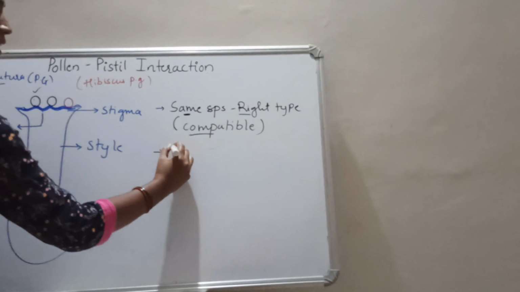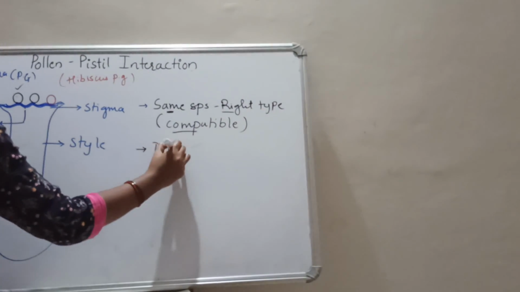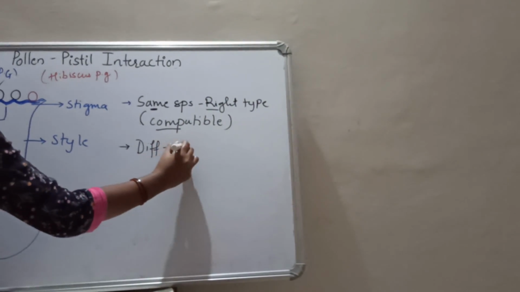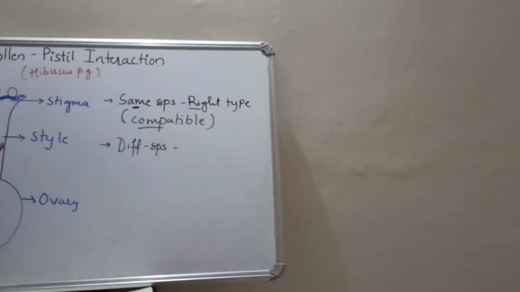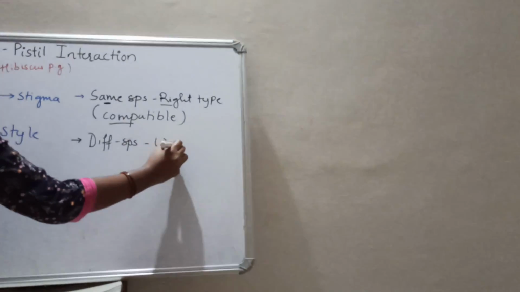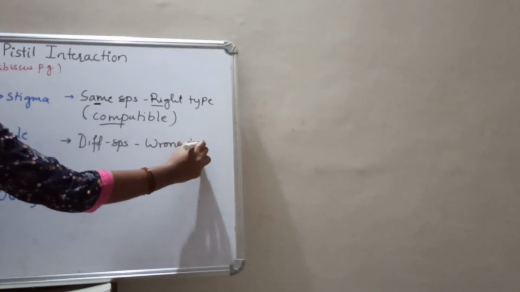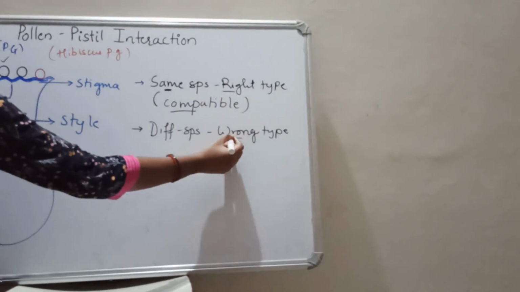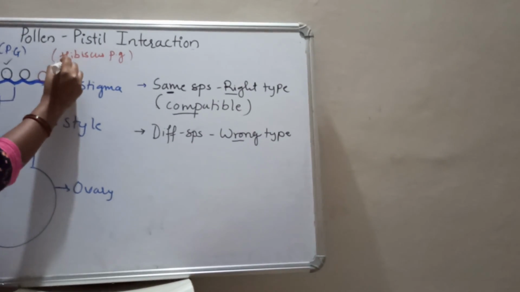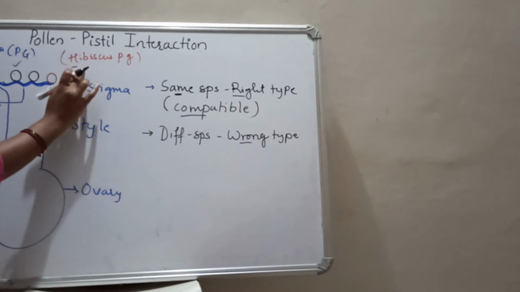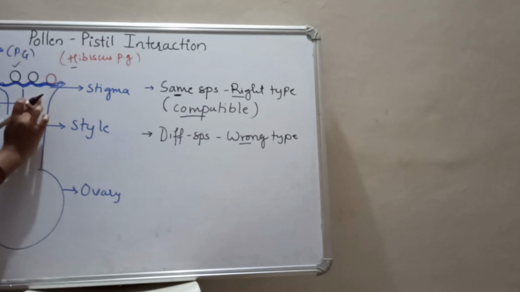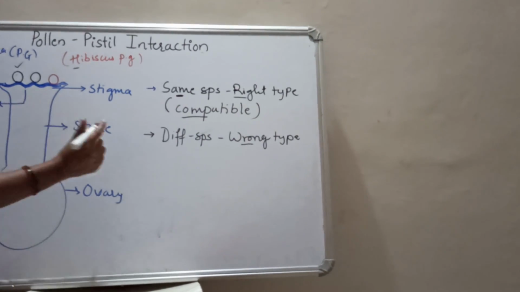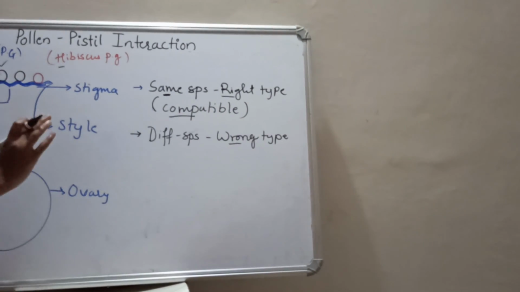It means it is a different species of pollen grain. It is called the wrong type of pollen grain. Why is it called the wrong type? Because hibiscus is a different species and Datura is a different plant. These two are different plants.